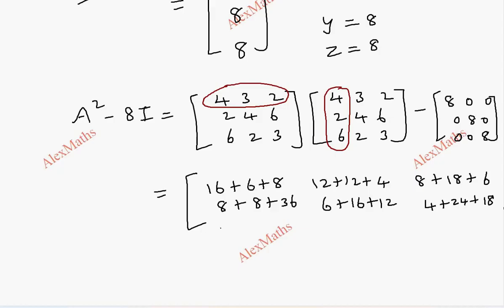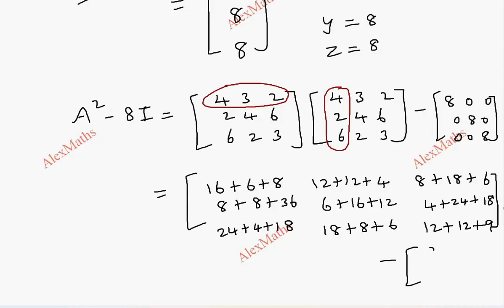Then coming to the third row, 24 plus 4 plus 18, 18 plus 8 plus 6, then 12 plus 12 plus 9. This whole thing minus 800, 080, 008.